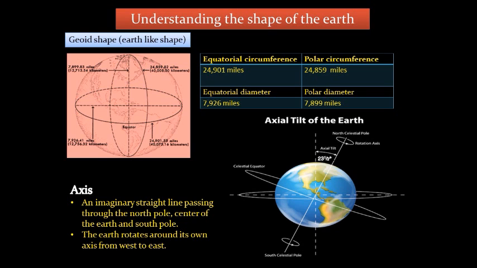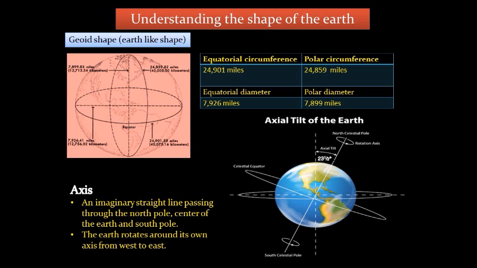Let us look into some of the measurements. The equatorial circumference is 24,901 miles, and the polar circumference is 24,859 miles, which is slightly less than the equatorial circumference.